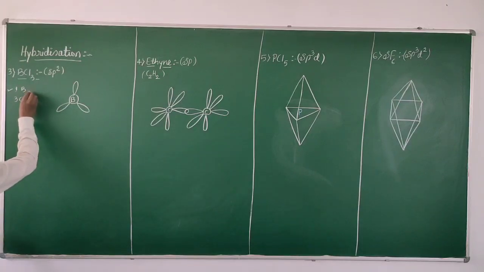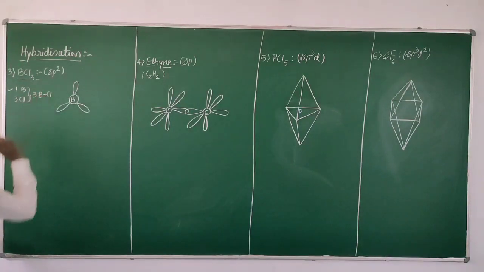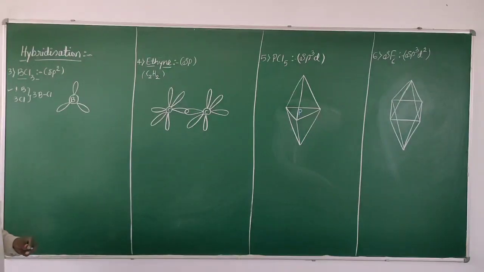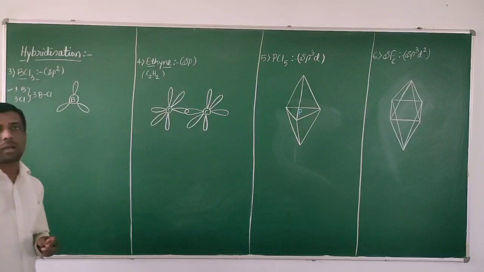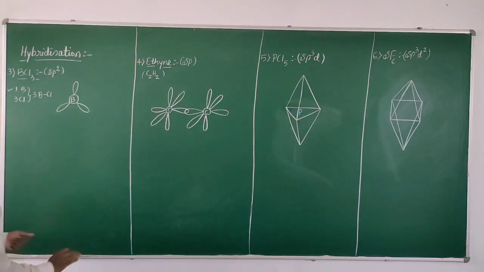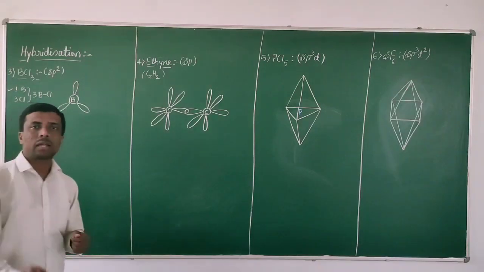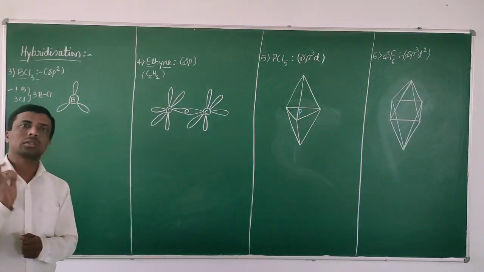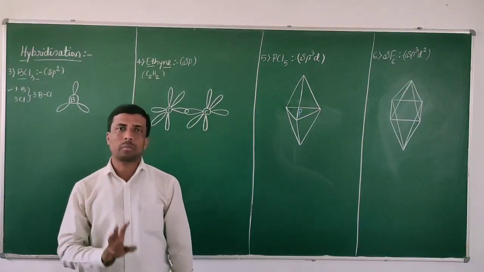It means there is a formation of 3 BCl bonds. For the formation of 3 bonds, boron should form 3 hybrid orbitals.